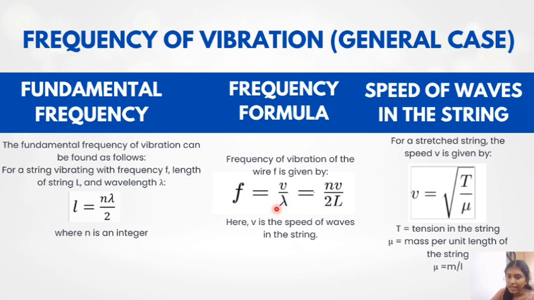Substituting lambda as 2L by n, we get f equal to n v by 2L. Here v is the speed of the wave in the string, given by root of T by mu, where T is the tension of the string and mu is the mass per unit length. Combining these, we arrive at the general equation for the frequency of vibration in this experiment.